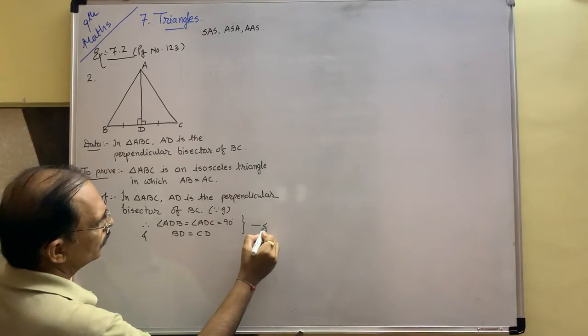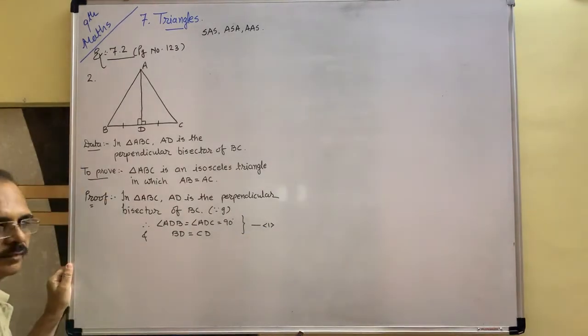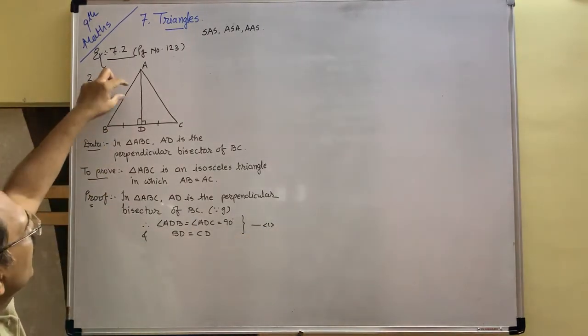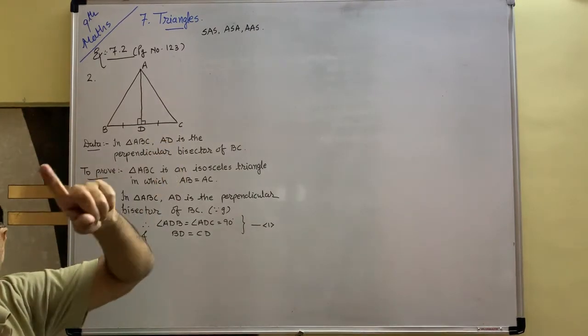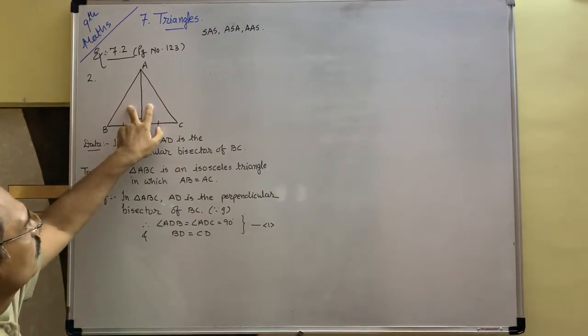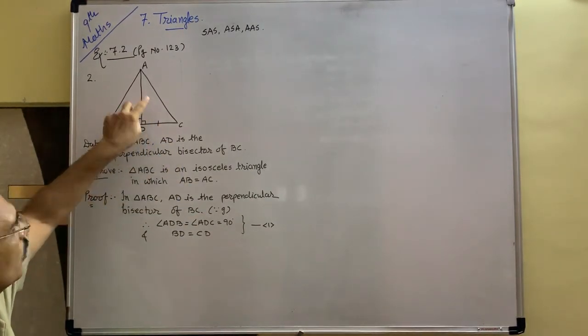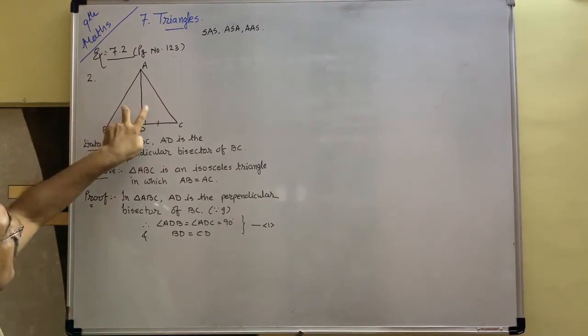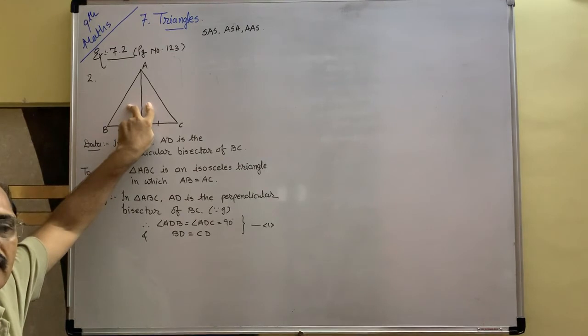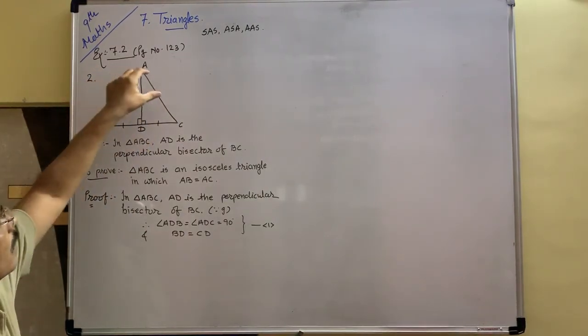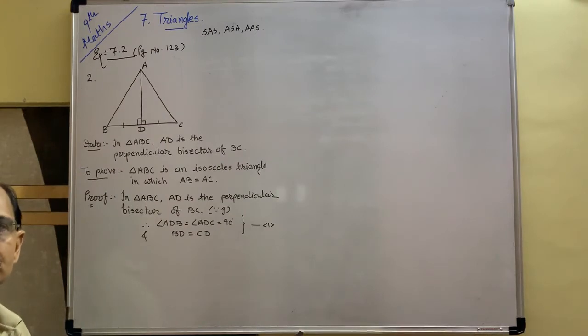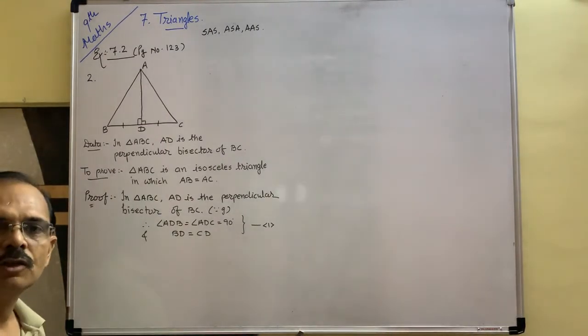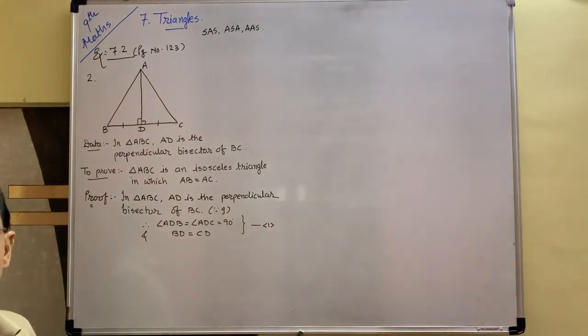Call this result number 1. Now we are going to prove that AB and AC are same. You have to prove that triangle ADB and triangle ADC are congruent. Then their corresponding sides are equal, meaning AB equals AC. So your task is to prove these two triangles are congruent.